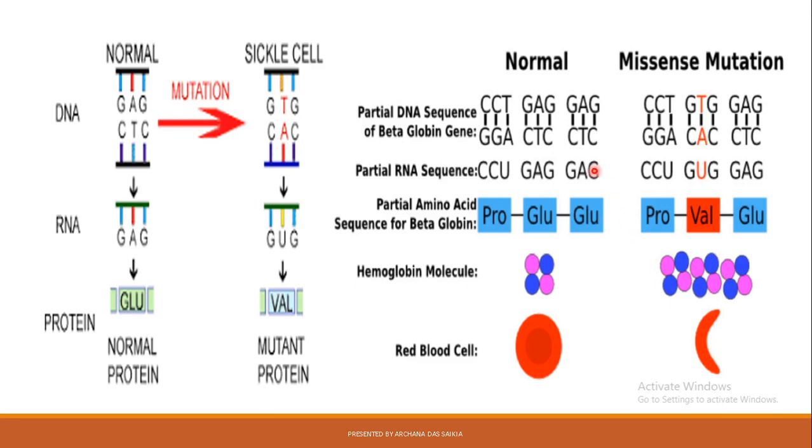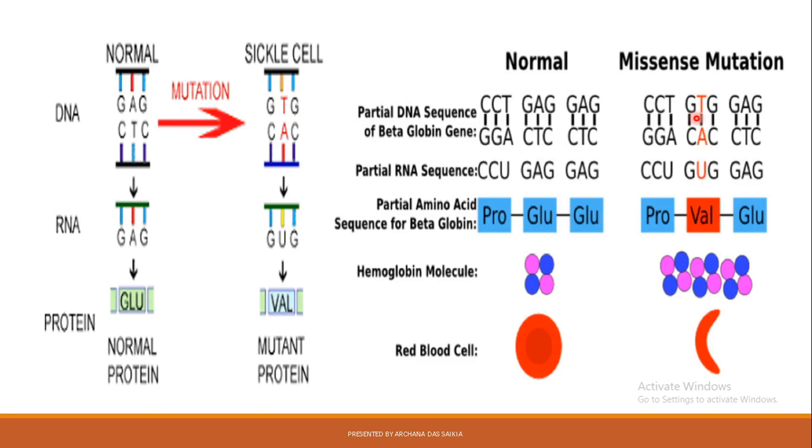So now why did the change in RBC occur? It occurred due to change in the gene, and once this gene sequence has occurred and is present in a person, it will be transmitted to the next generation.